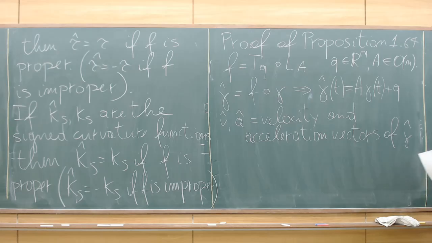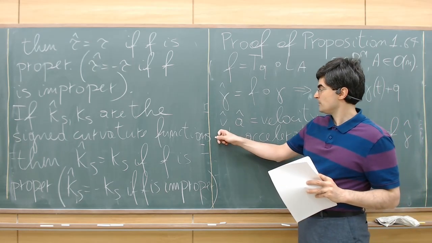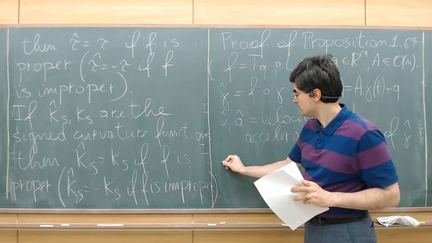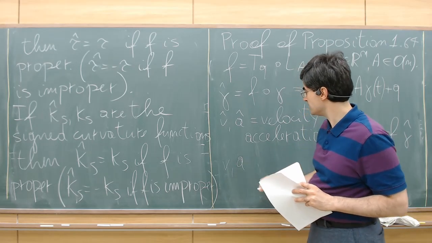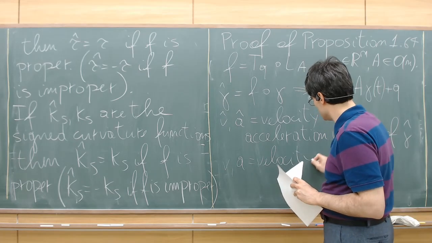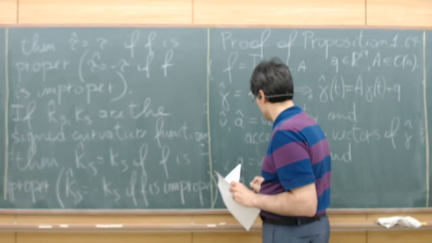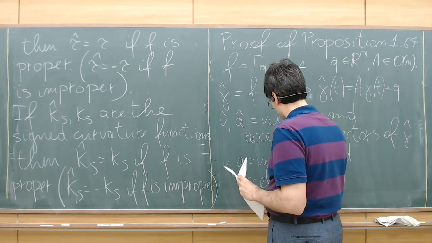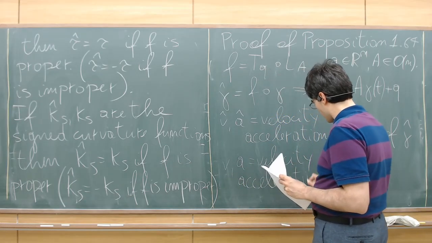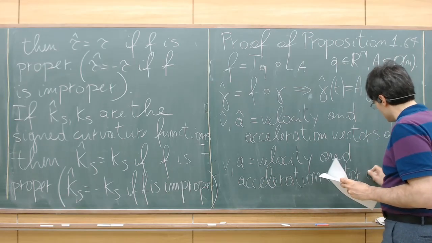So the first thing to do is to find the relation between v hat, a hat, v and a, that is velocity and acceleration vector of gamma.